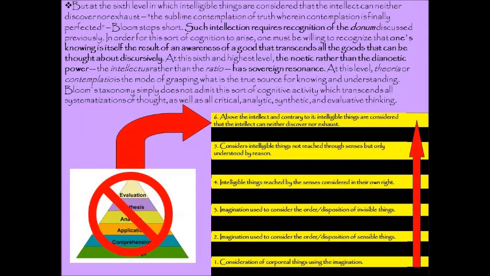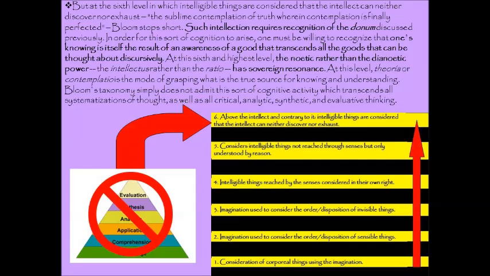But at the sixth level, in which intelligible things are considered that the intellect can neither discover nor exhaust, the sublime contemplation of truth wherein contemplation is finally perfected, Bloom stops short. Such intellection requires recognition of the donum discussed previously. In order for this sort of cognition to arise, one must be willing to recognize that one's knowing is itself the result of an awareness of a good that transcends all the goods that can be thought about discursively.